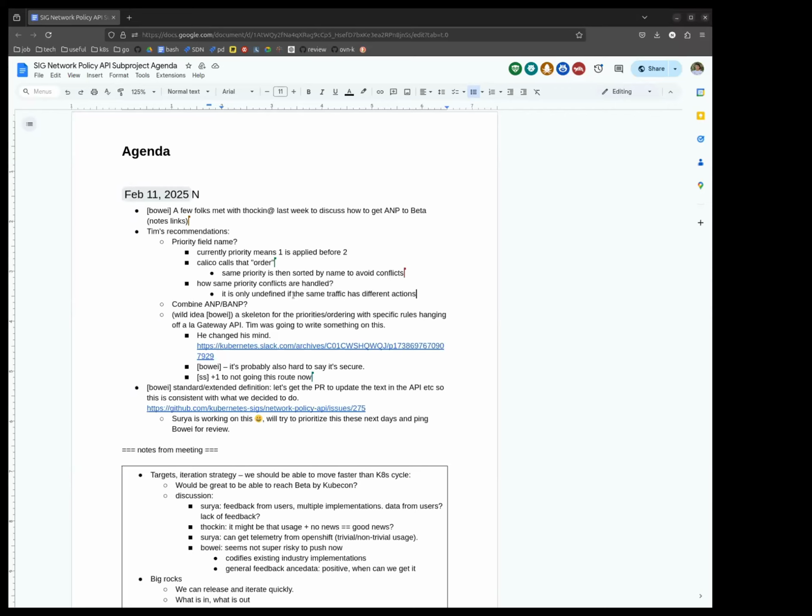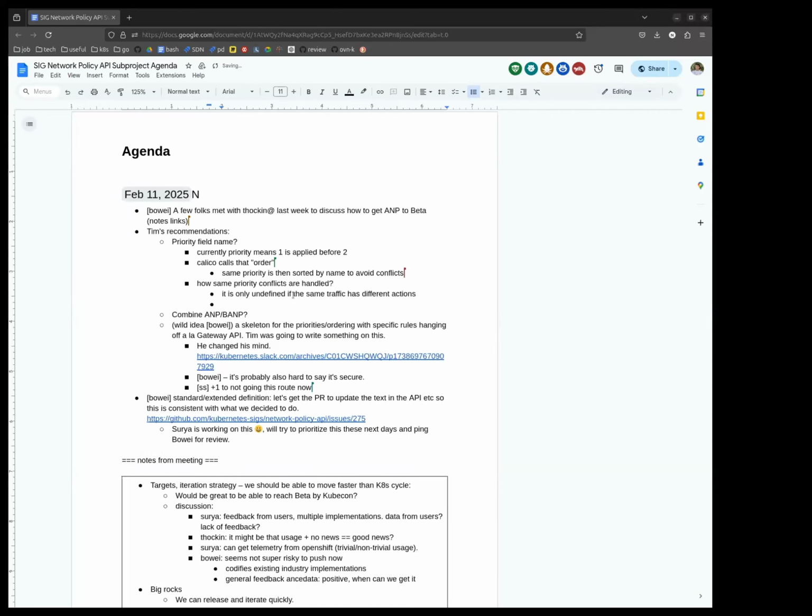Yeah, Dan? So, well, okay. I was going to say something about priority, but sticking on this, fundamentally, if you say the highest priority rule is that we deny packets from pod A, and the highest priority rule is also that we accept packets from pod A, there's nothing sane you can do at that point. The user has requested contradictory things.